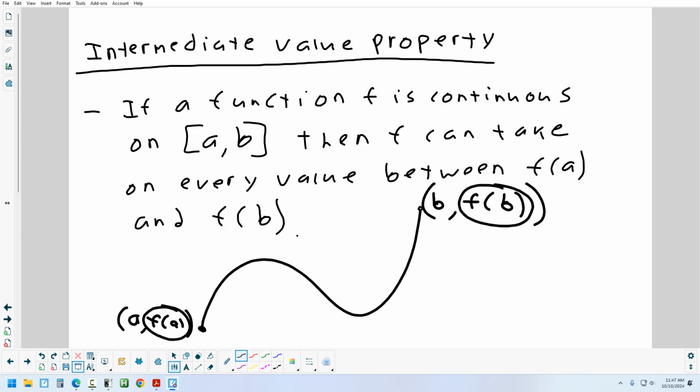I guarantee you, you will go through every y value between this one and this one. But that only applies because you never lifted your pencil when you drew it. If you lift your pencil, then no.